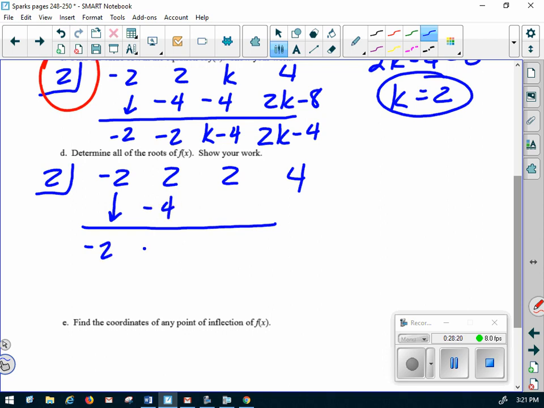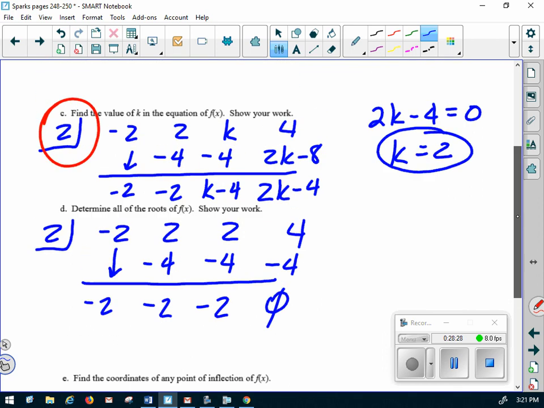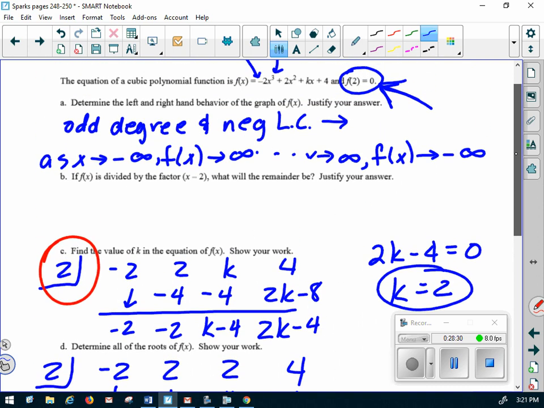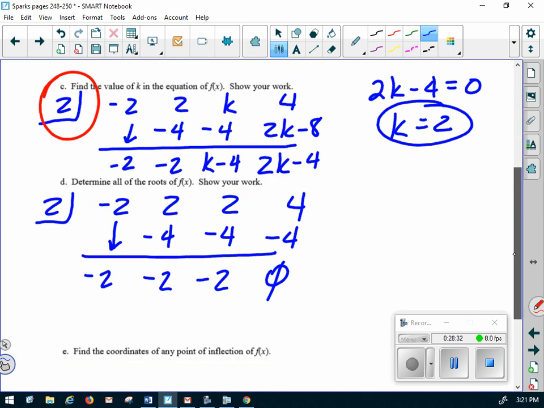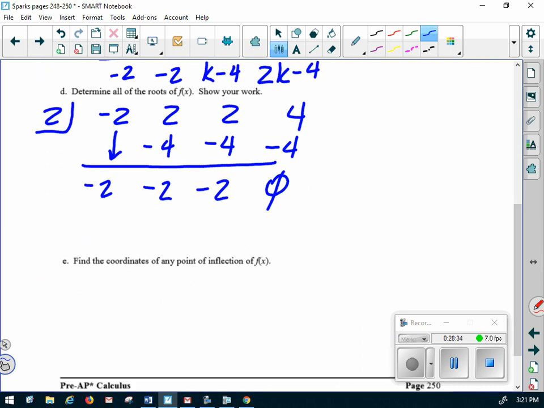That's -4, -4, -4. That function that we started with was cubic, which means the function that we are left with right here is quadratic. -2x squared minus 2x minus 2 equals 0.